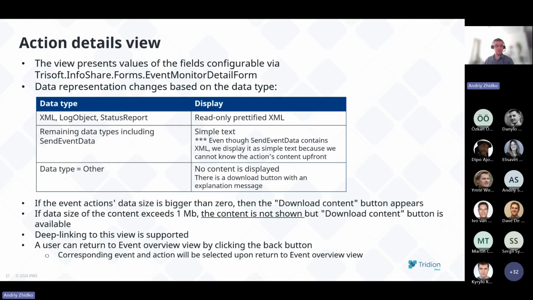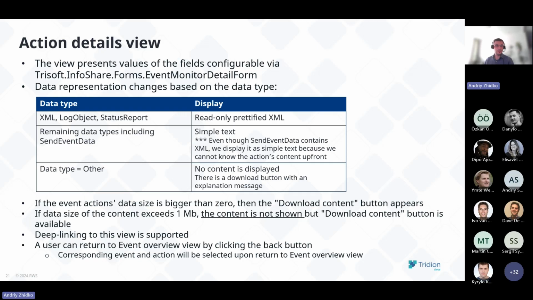As I already said, if the event data size is bigger than 0, then you will see the download button from the list. If you are navigating to the action details page and the data size of the content exceeds 1 megabyte, we will not display that content.